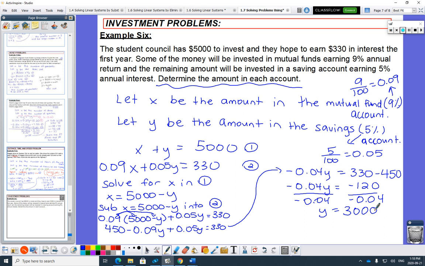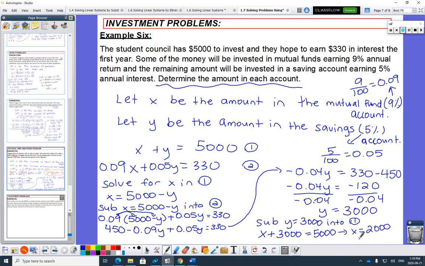Okay, so now if you're investing in one account 3,000 and you have a total of 5, then if you just wrote the answer here for each account, I would accept that, but if you want to keep the format the same, and don't forget a sentence.